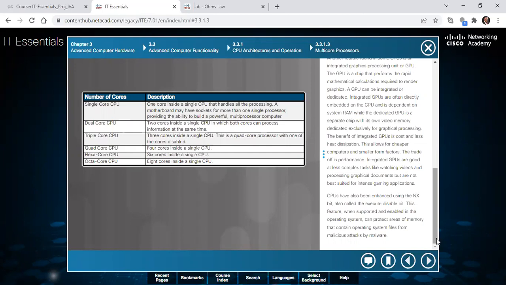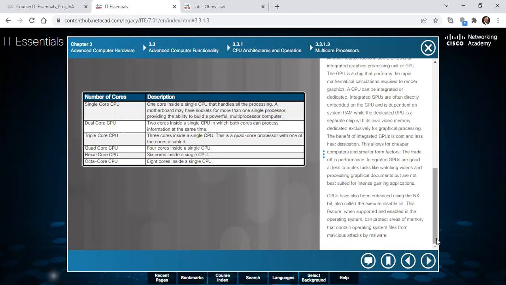So now we're talking about CPUs. CPUs have also been enhanced using what we call the NX bit. The NX bit is the latest technology that you find. Just the way you have your 32-bit, you have your 64-bit, now we have what we call an NX bit, okay? Also called the execute disable bit.